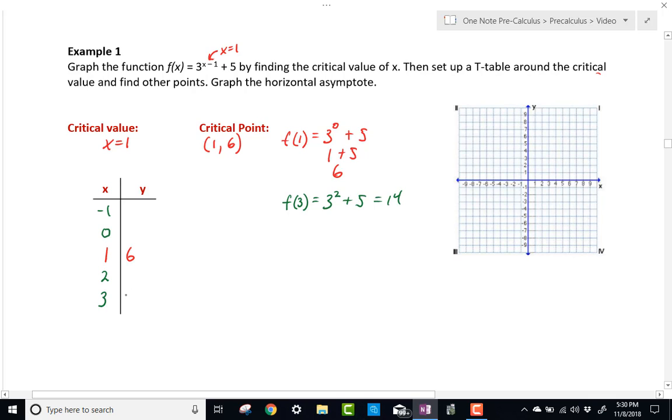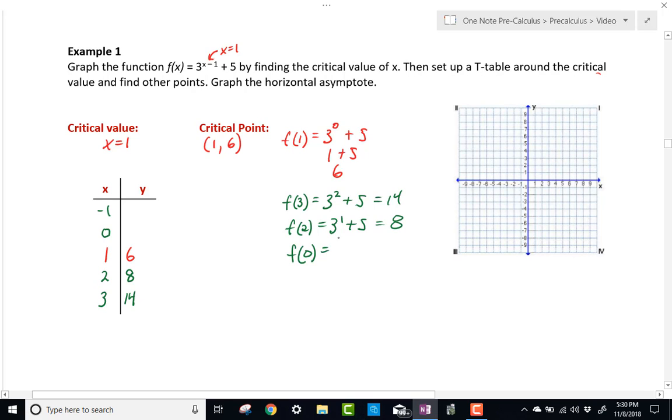Not even sure that's going to fit on my graph. Plug in 2. F of 2 equals, plugging in 2 for x, 2 minus 1 would be 1, so that's 3 to the first, plus 5. So that's 3 plus 5, which is equal to 8. Definitely graph that one.